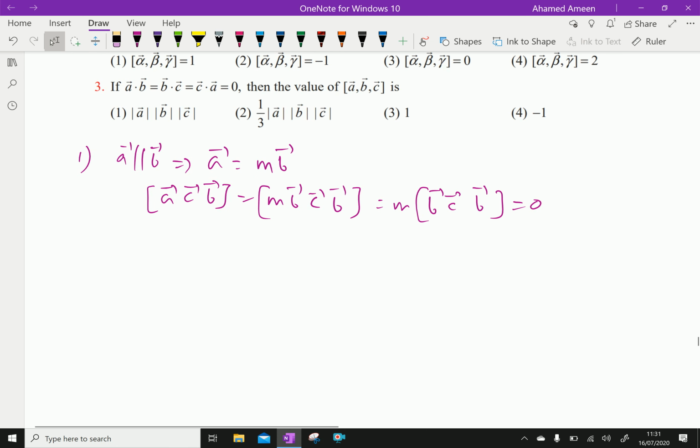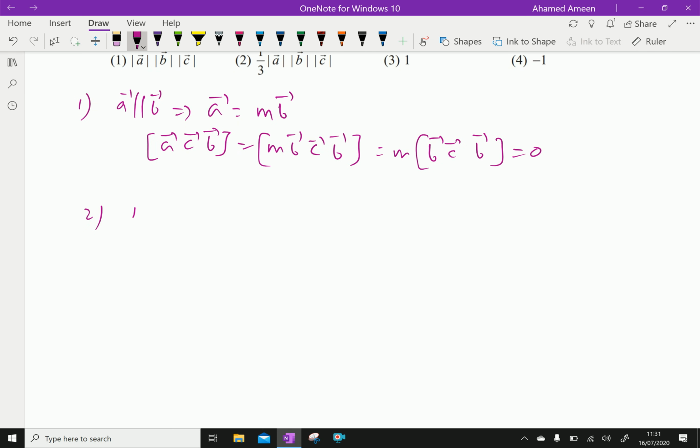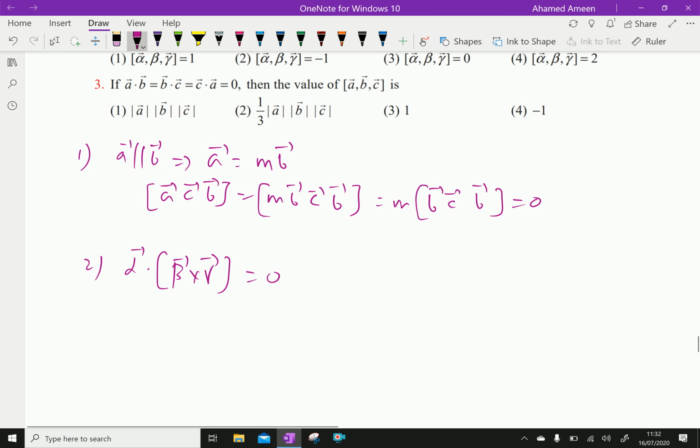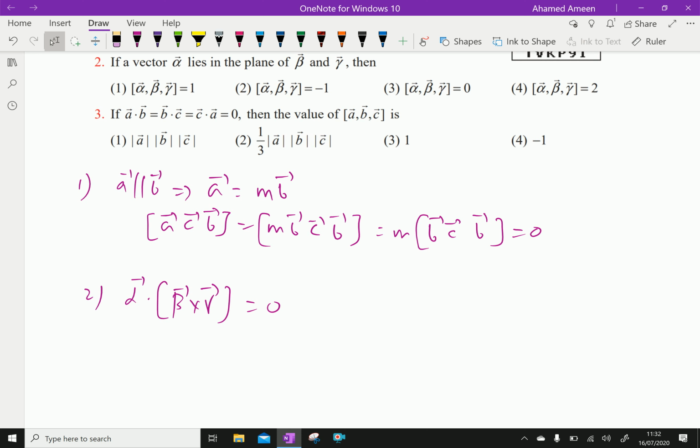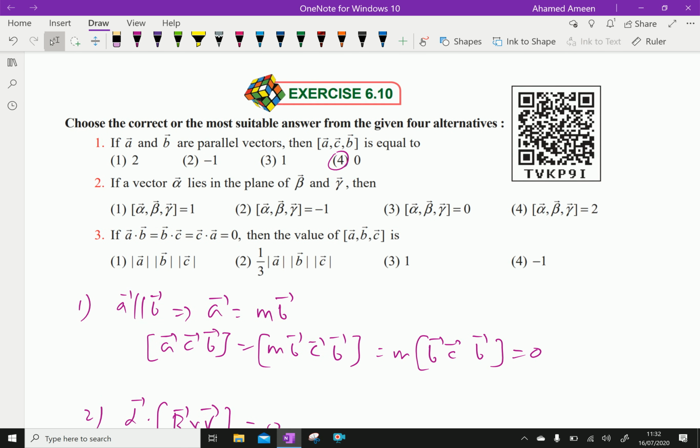Since vector alpha lies on the plane of vector beta and vector gamma, we can say vector alpha dot vector beta cross vector gamma equals 0, because vector alpha lies on the plane of vector beta and vector gamma. Therefore it is equal to 0. So this is option 3.